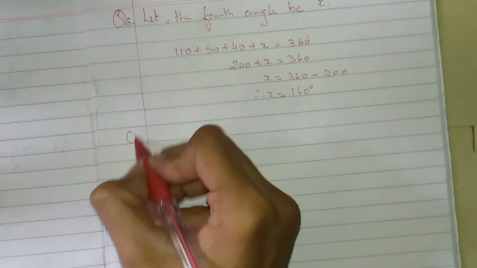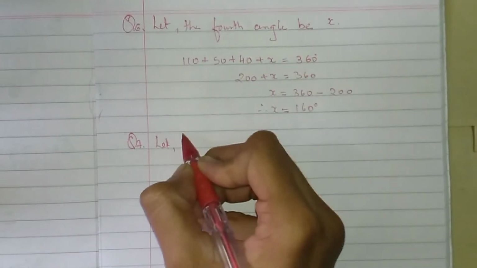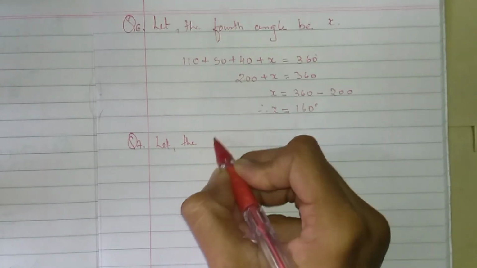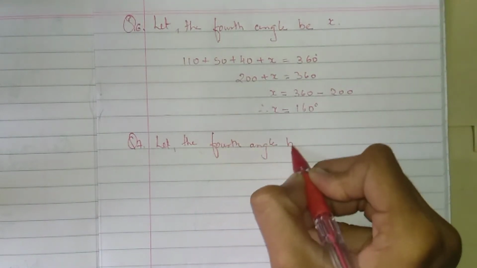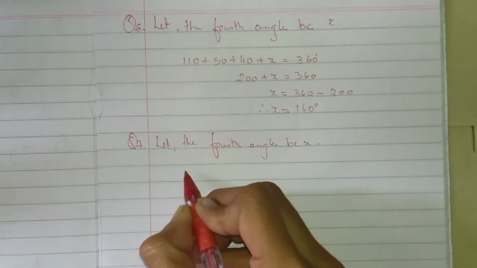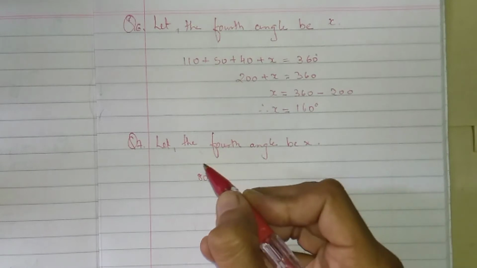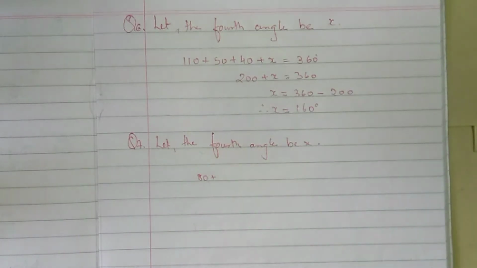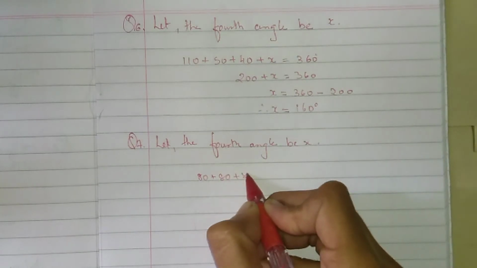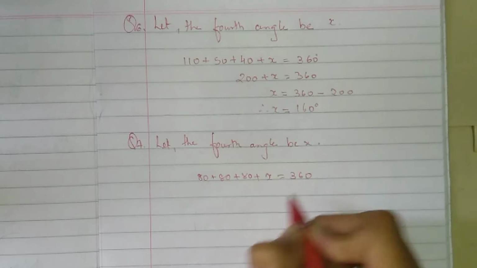Question number 7. Let the fourth angle be x. Okay, and three angles are given and we know the sum of angles of a quadrilateral is 360. So 80, three times, plus x equal to 360.